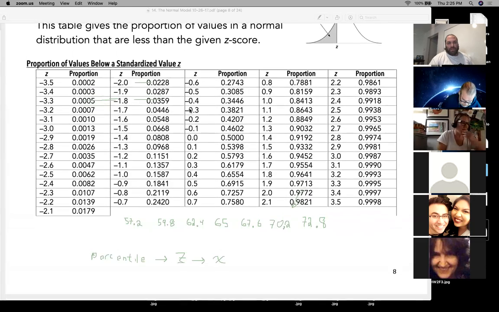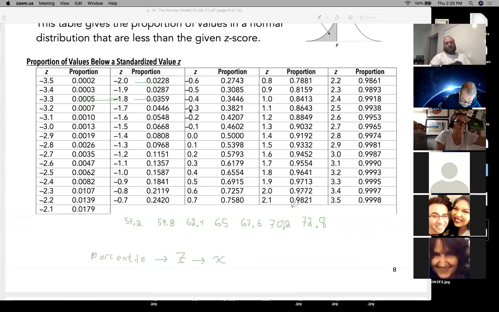Which z-score, approximately at least, corresponds to the 97th percentile? 1.9. So certainly somewhere between 1.8 and 1.9, right? Seems to be a lot closer to 1.9 than 1.8, right? So let's just say 1.88.